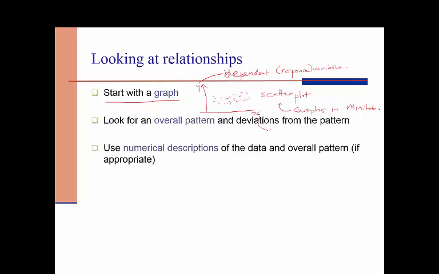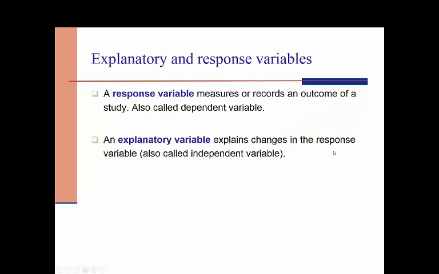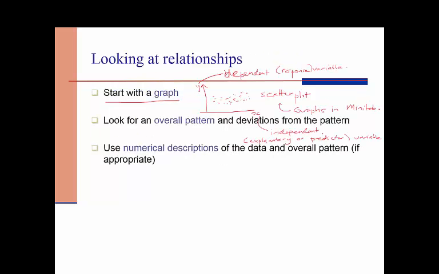Okay, and then the x variable is the independent variable. Or you can also call it explanatory or predictor variable. Right? It's a predictor because you're using it to predict y.